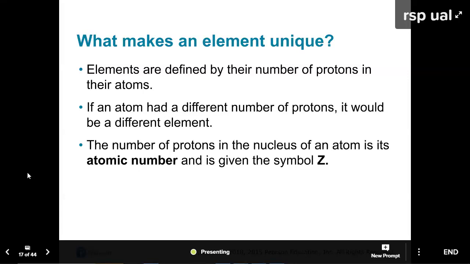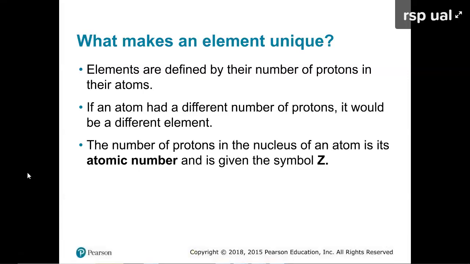So we start to ask some really interesting questions now based off of this series of ideas that we've been covering. And one of those things that we need to ask is, well, what makes an element unique? What makes an element gold as opposed to silver or tin? And it comes down to that nucleus.